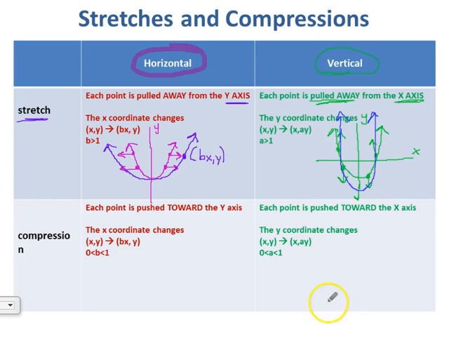So in this case, we've got a vertical stretch by a factor of 2. To get our new points on our graph, we would take our original points, and our x coordinates would stay the same, but we're going to take that factor, we're going to call that factor A, and multiply it by our y coordinate. So only our y coordinates change, where before our x coordinates changed in the horizontal stretch.